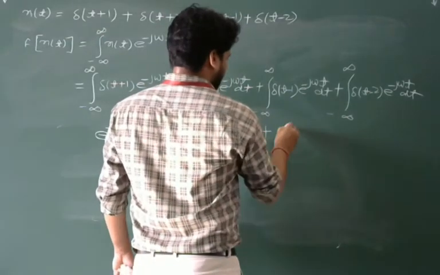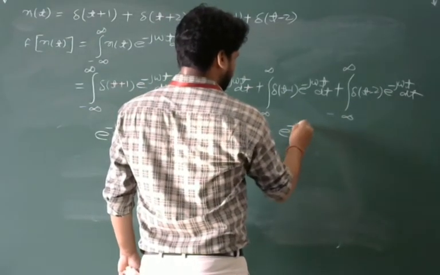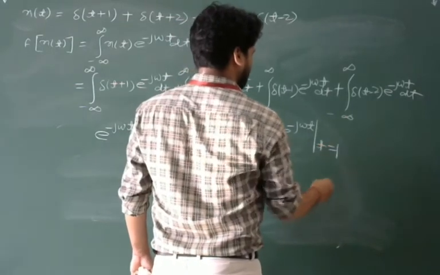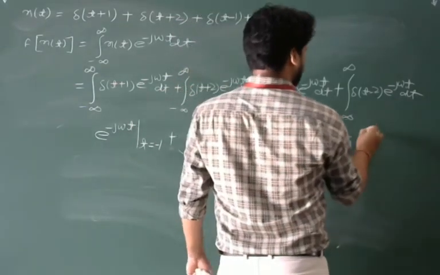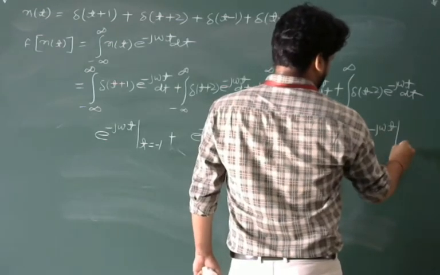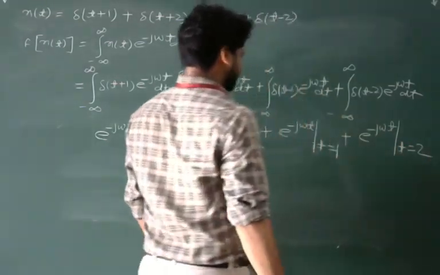Plus this will become e^(−jωt) at t equal to plus 1, plus this will become e^(−jωt) at t equal to 2.